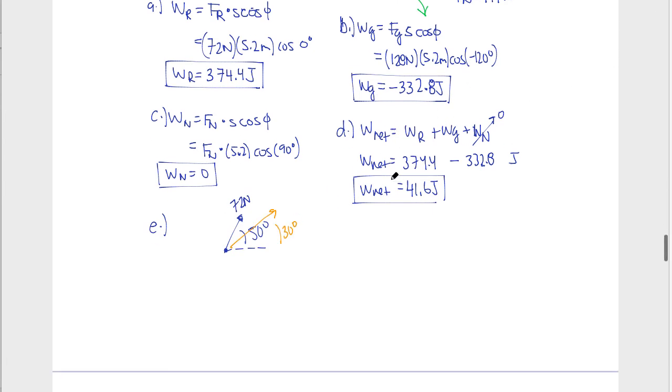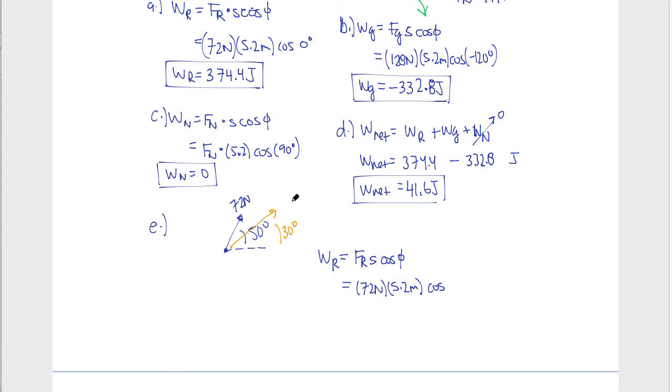So when I go and calculate the work done by the rope, that's going to be still the force of the rope times the displacement times the cosine of the angle between them. And so my rope force has not changed. My displacement has not changed. It's still 5.2 meters. The angle between them, however, has changed.